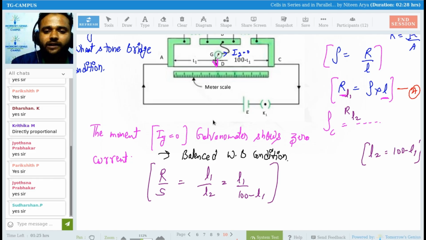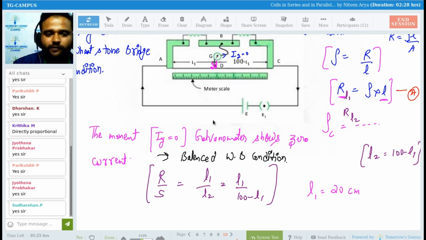At the particular length, suppose this length is 20 centimeter for any particular wire. The jockey is nothing but a conductor, which is going to conduct this current whenever you touch here, and from here to here you move.